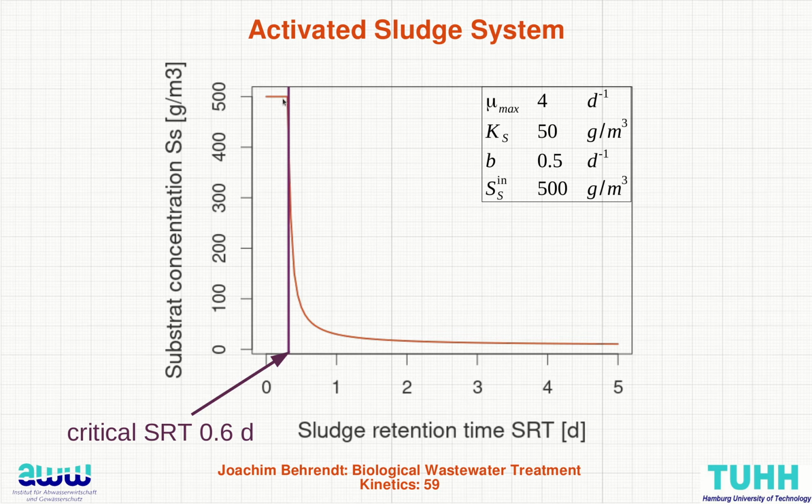And if the sludge retention time goes over this critical value of 0.6 days, then the substrate concentration decreases very dramatically. And for bigger sludge retention times, the further decrease is very small. This is quite typical behavior of biokinetics.